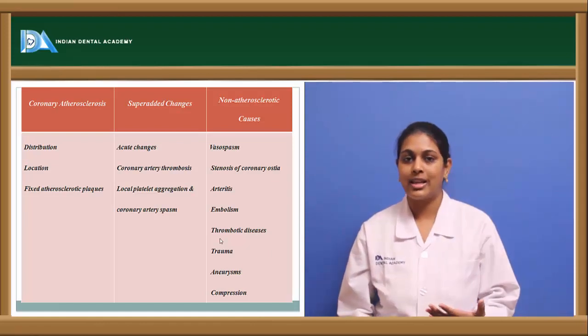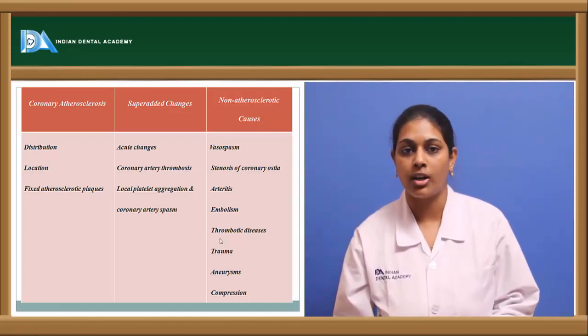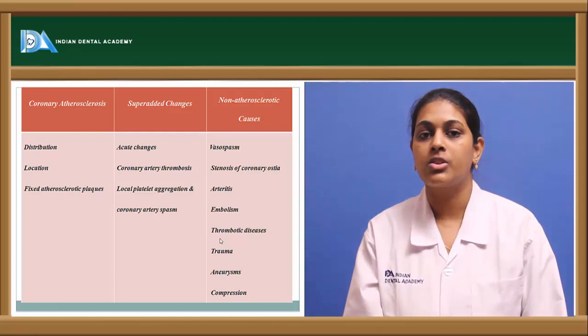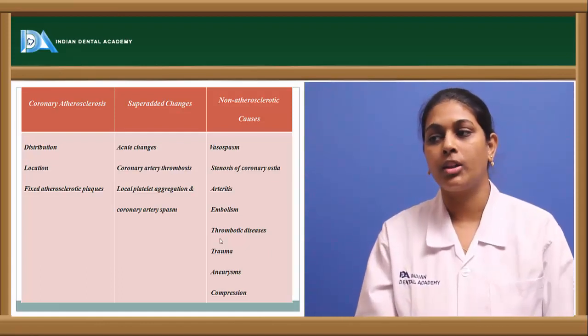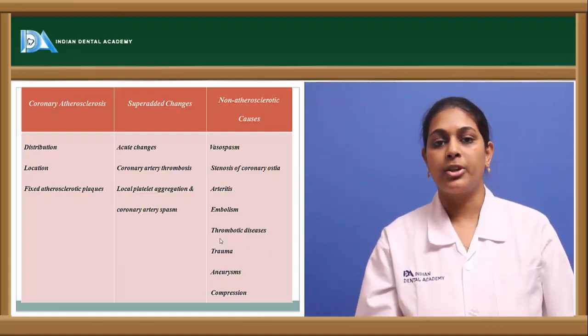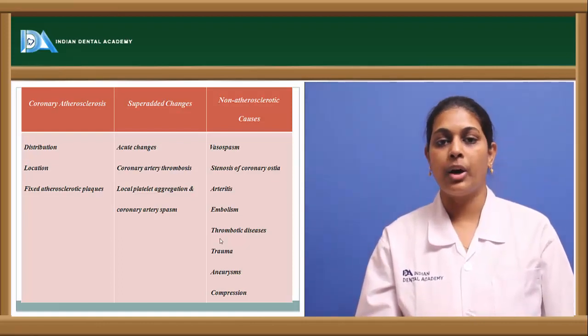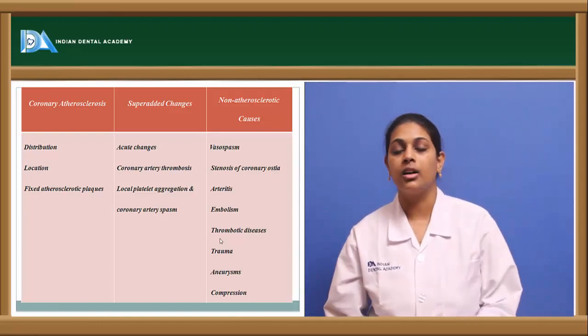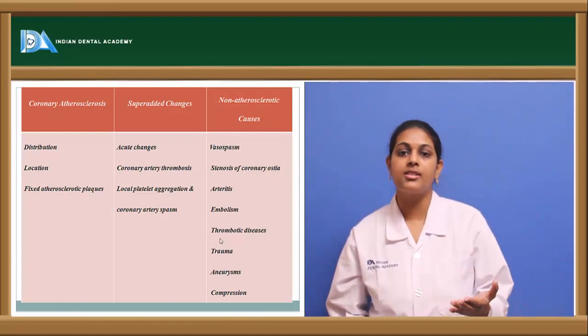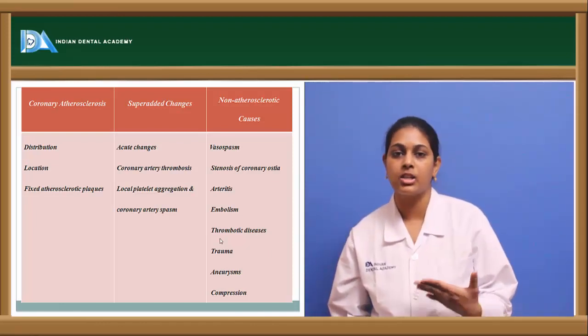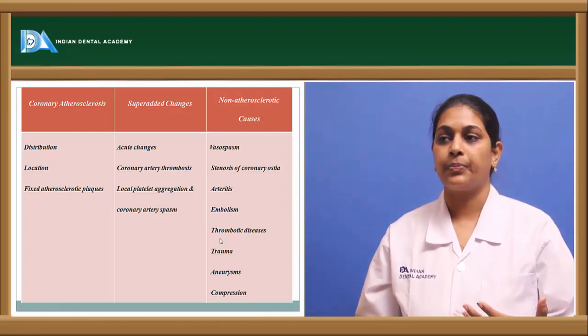And thrombotic disease could also be one of the reasons for non-atherosclerotic causes for ischemic heart disease to develop, or otherwise aneurysms and compressions of the arterial system or the ventricles can also be one of the reasons. So these are certain etiological factors which could result in ischemic heart disease or coronary artery disease.